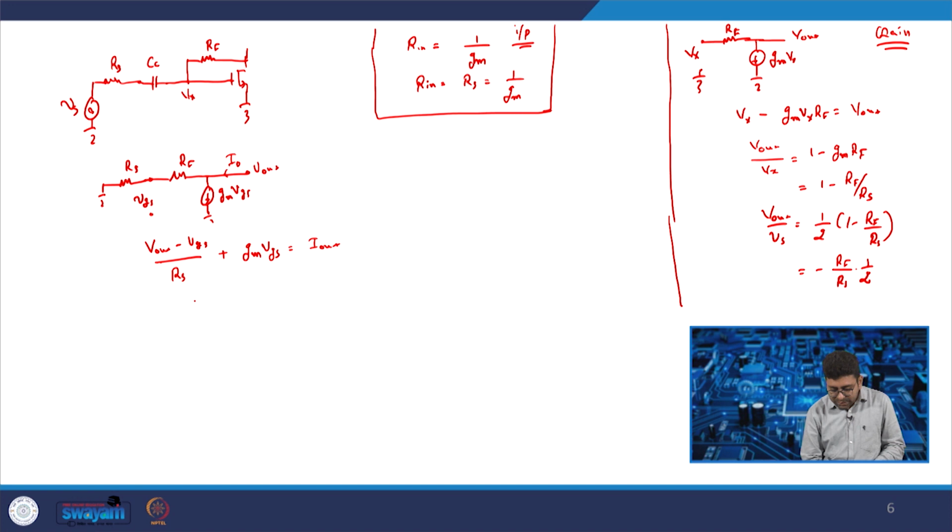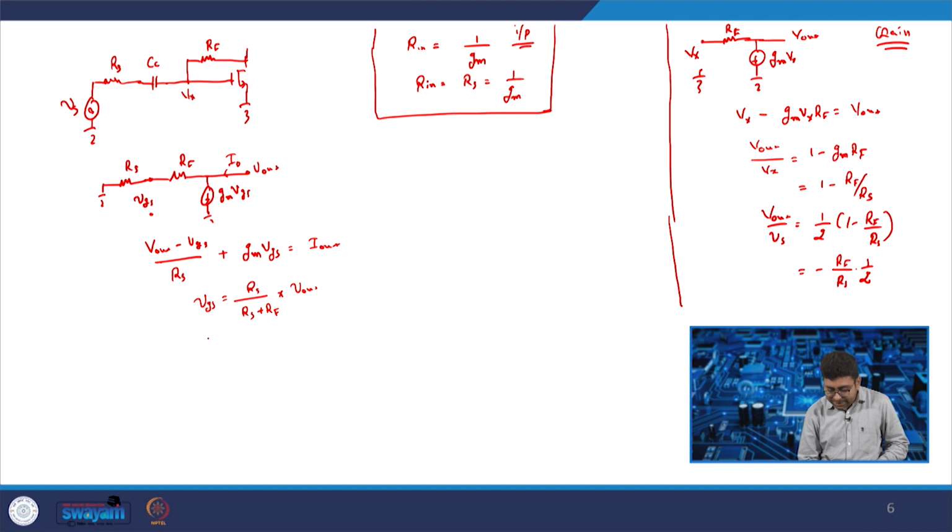VGS we can write as RS by RS plus RF into V out, because there is only one potential, the output voltage V out.